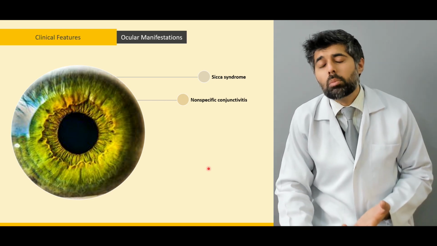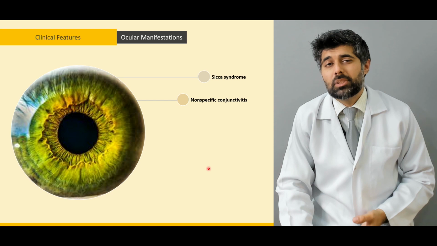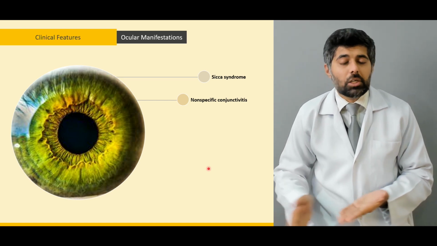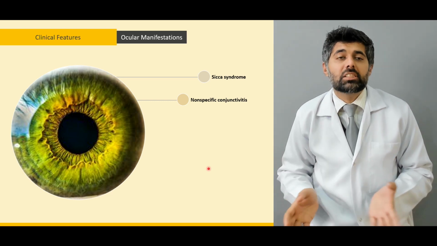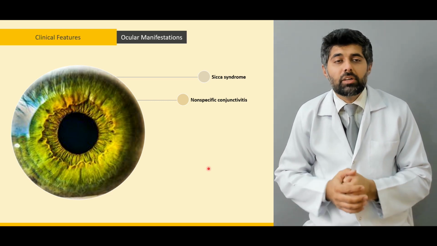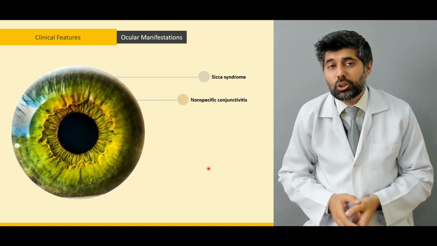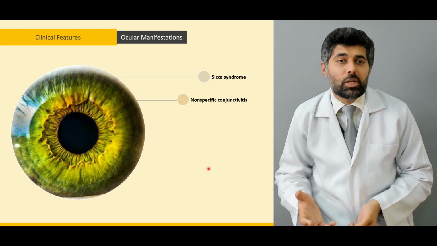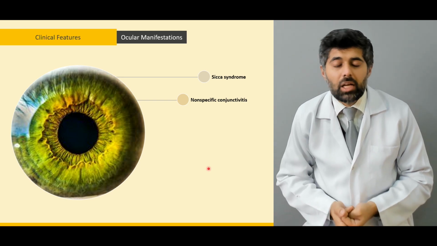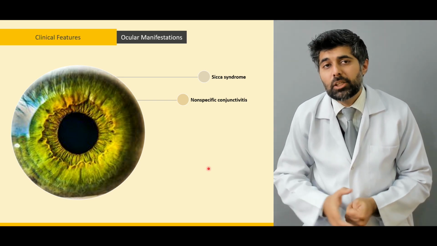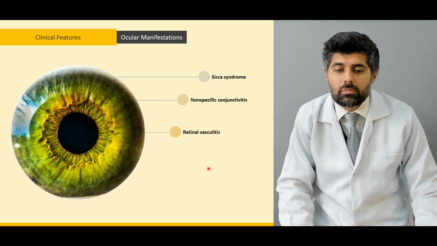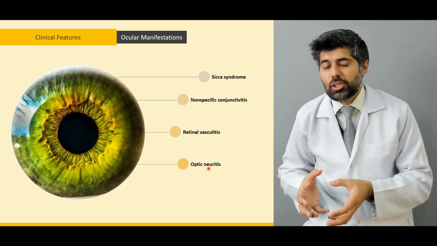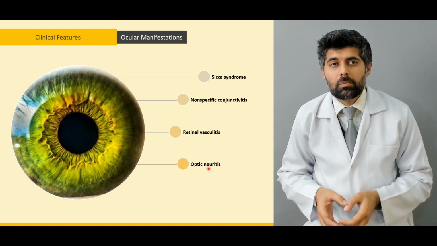The second most common manifestation is a non-specific conjunctivitis. Conjunctiva is the membrane which covers the eyes and protects the sclera. Now, if there is an inflammation due to the deposition of the autoantibodies, this can result in the inflammation of that conjunctiva, and it is very commonly seen in patients with SLE. But this is not the only condition that is seen in patients.